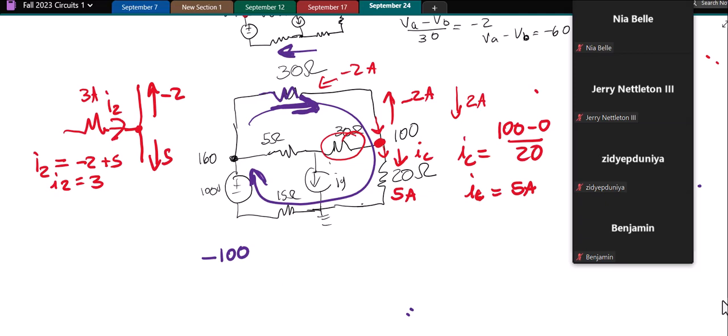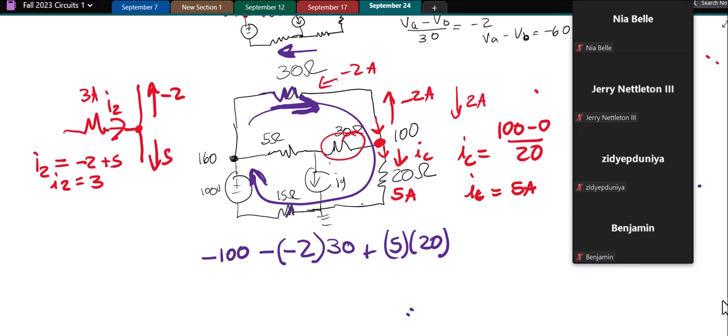So the current I will have here will be the negative of the current I have labeled, which is negative 2. So it's minus negative 2 times 30 ohms. And then I come to this 20 ohm resistor. My current going in the same direction as my loop is 5 amps times 20 ohms.